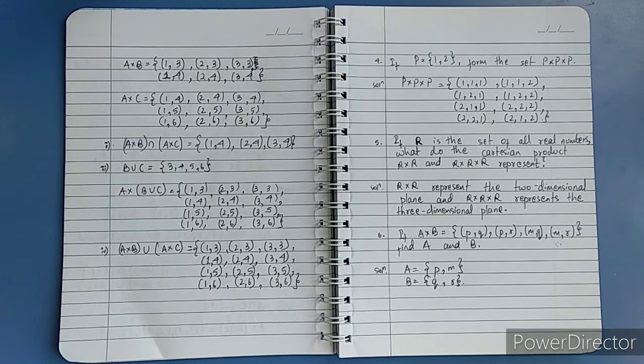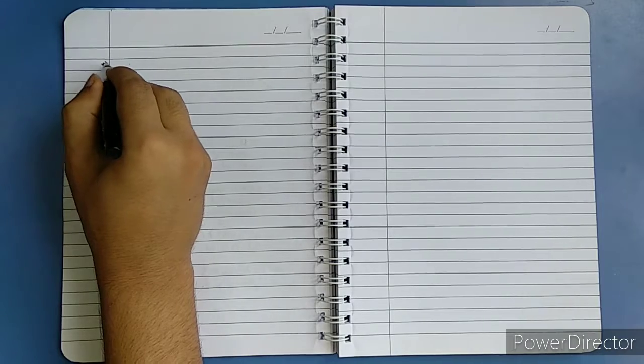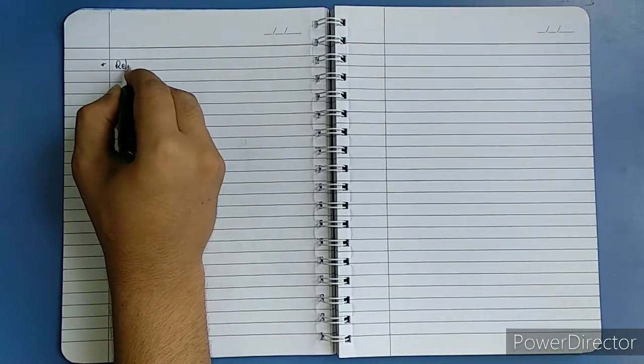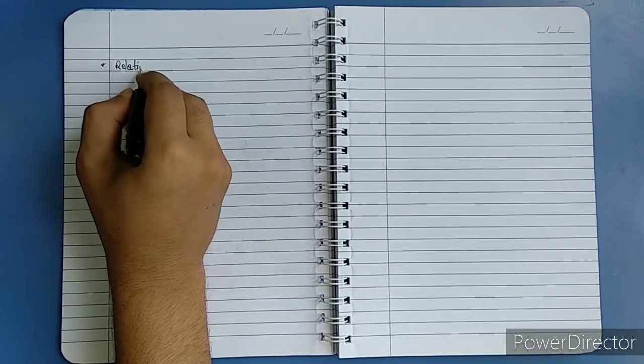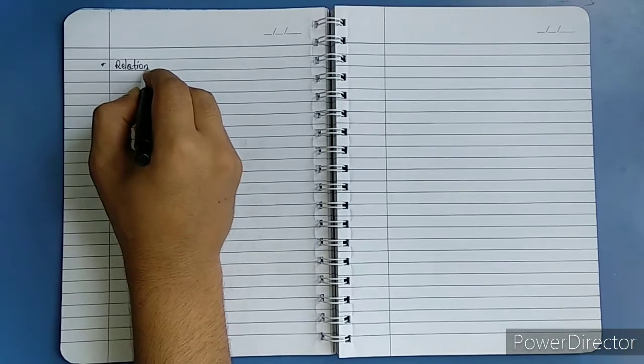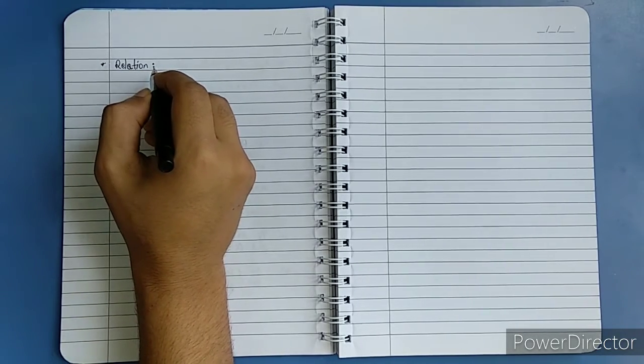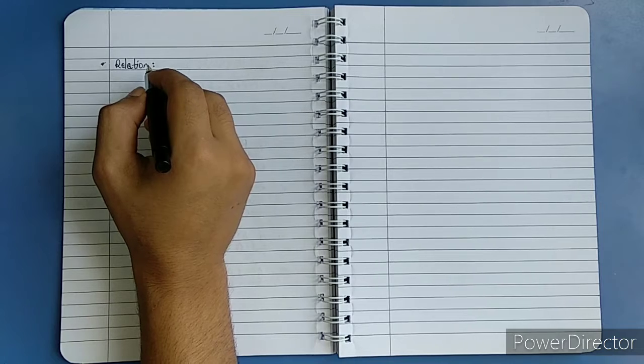So with this we come to the end of ordered pairs. Now we'll begin with relations. So the topic, relation. How do we define a relation?